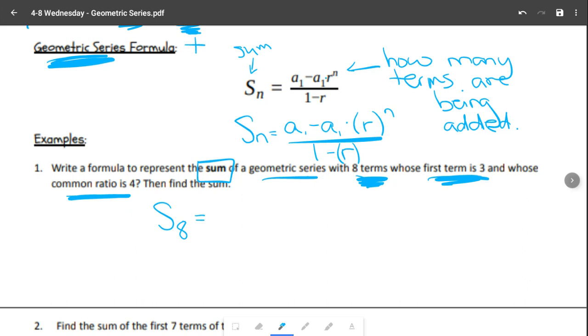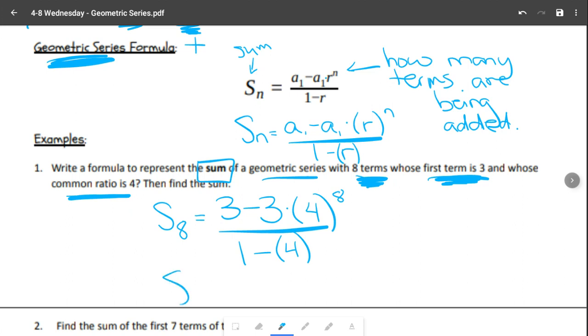A1, the first term, they said was 3. R, the common ratio, is 4. n again, same n, is still 8. And on the bottom, R, same R as the top, is 4.